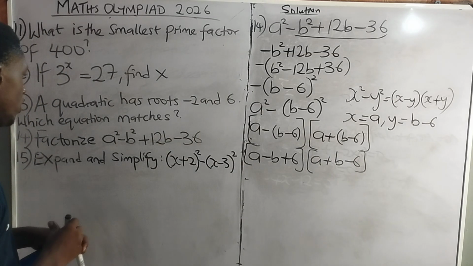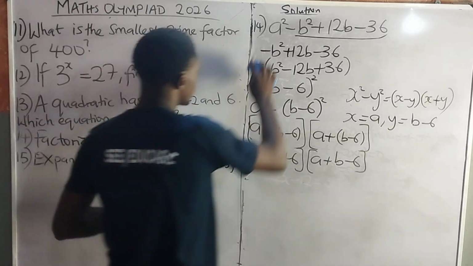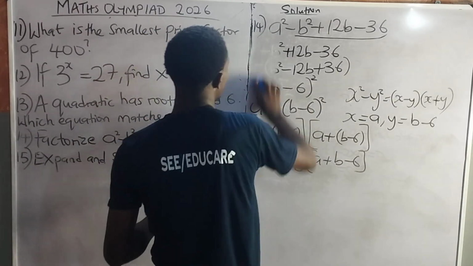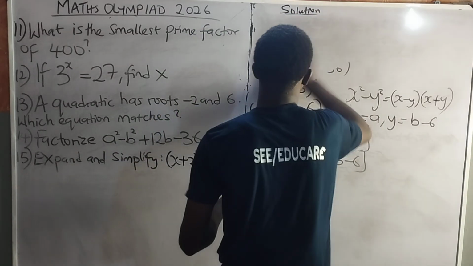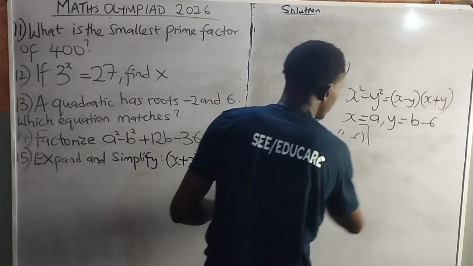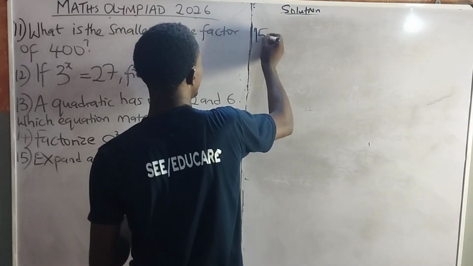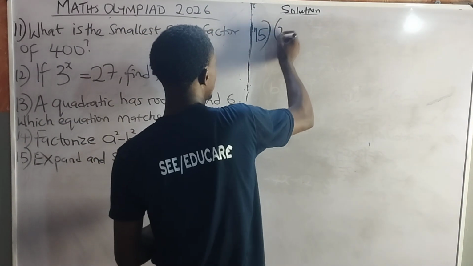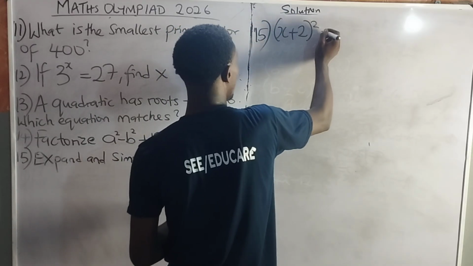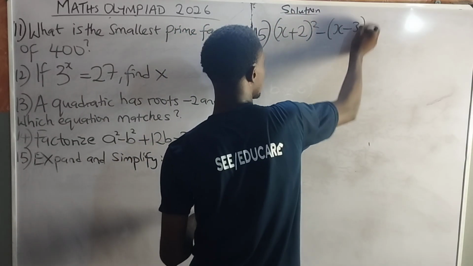So going to number 15. Number 15, let me clean here so that you can be able to see what we are doing. So we have number 15 here. Expand bracket x plus 2 all squared minus bracket x minus 3 all squared.